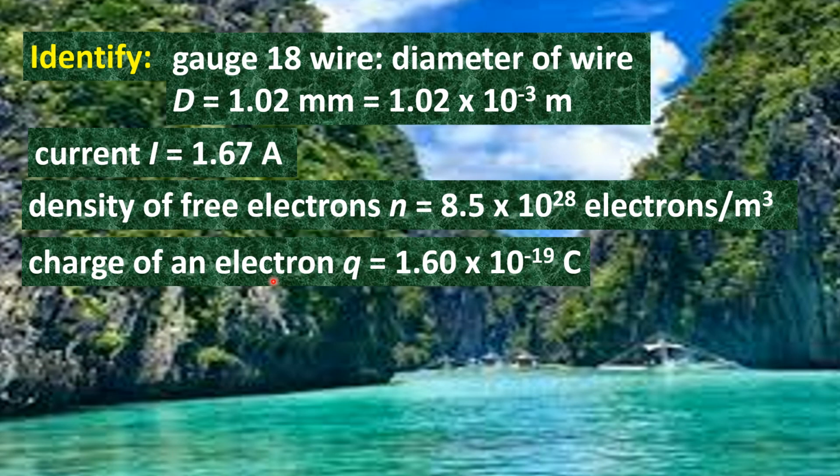And we know that the charge of an electron, q, has a magnitude of 1.60 times 10 to the negative 19 coulomb.